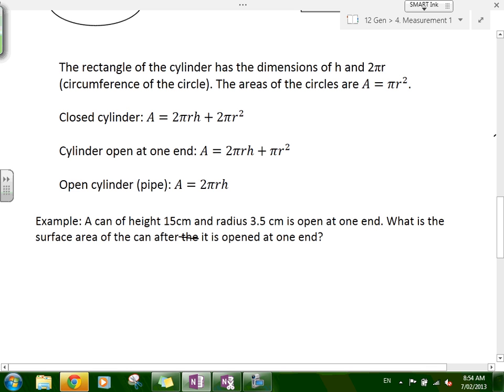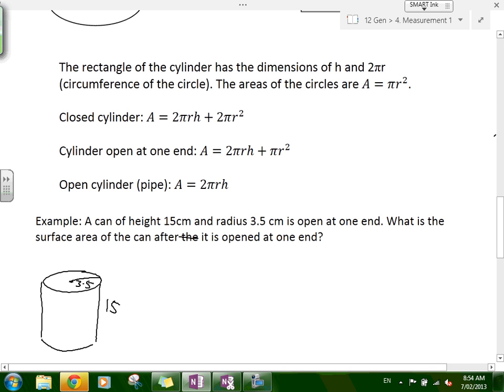It's just open at one end. So if you think about it, the height is 15, the radius is 3.5.